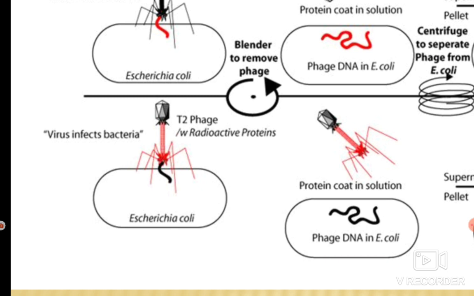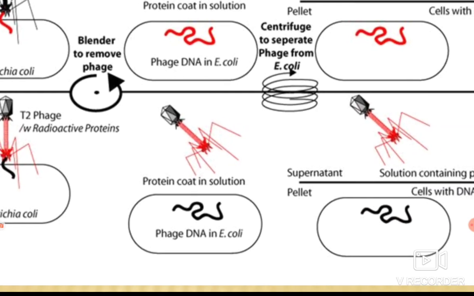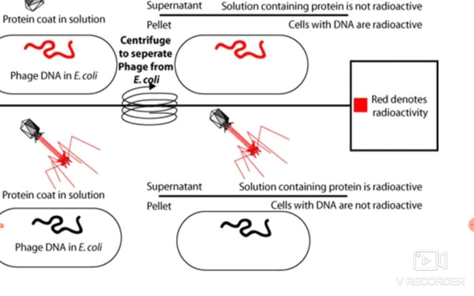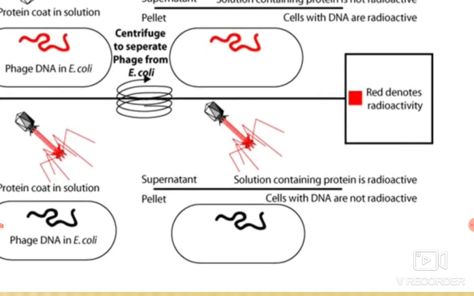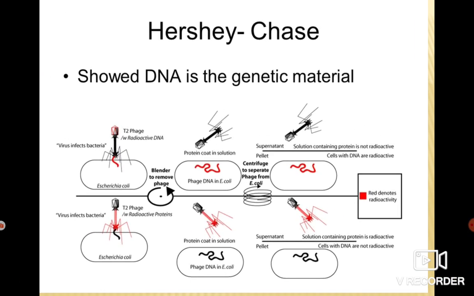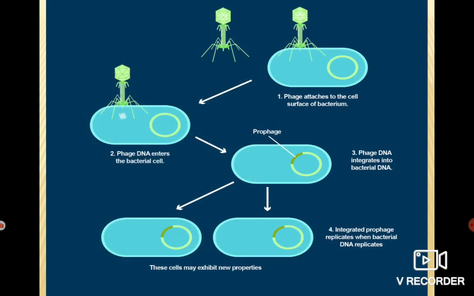Protein coat removed. Phage DNA in E. coli. Supernatant solution containing protein is radioactive. Cells with DNA are not radioactive. Means DNA enters into the bacterial cell, and hence DNA is genetic material. It is not protein.